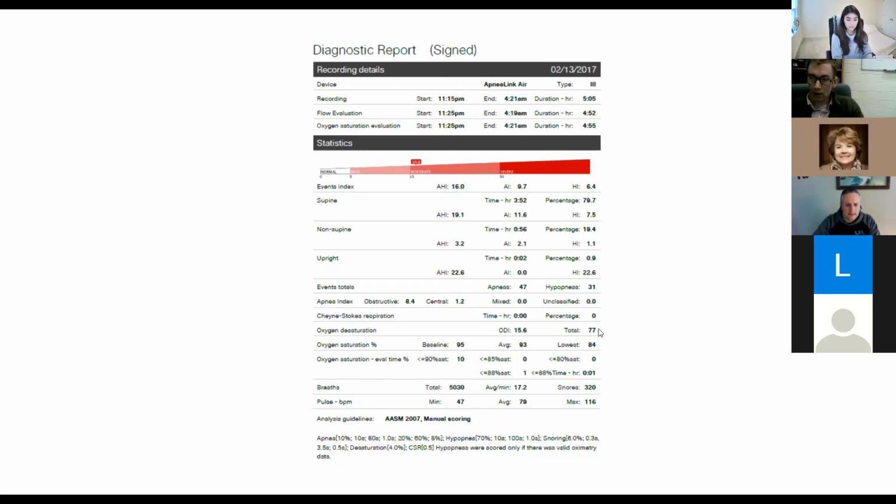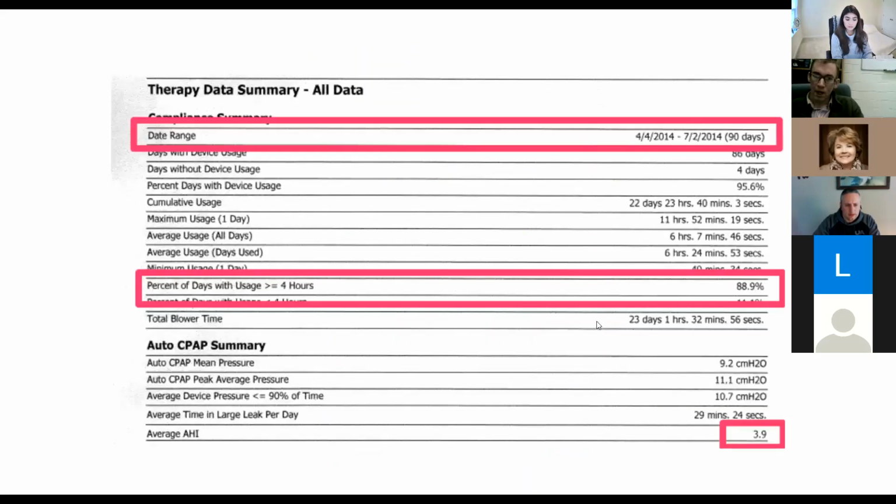That may impact their health long term, so we should do something about it. And what we do a lot of times now is auto CPAP. So a patient might not even see the inside of a sleep center during their diagnosis and management of obstructive sleep apnea.